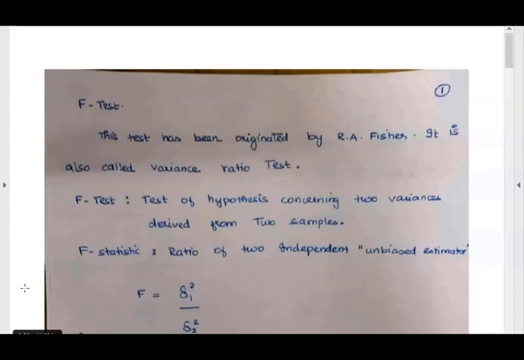As per the definition, this F-test originated by Fisher. It is also called the variance ratio test. As the name suggests, this test is concerned with two variances derived from two samples. Here the F statistic is defined as the ratio of two independent unbiased estimator values.